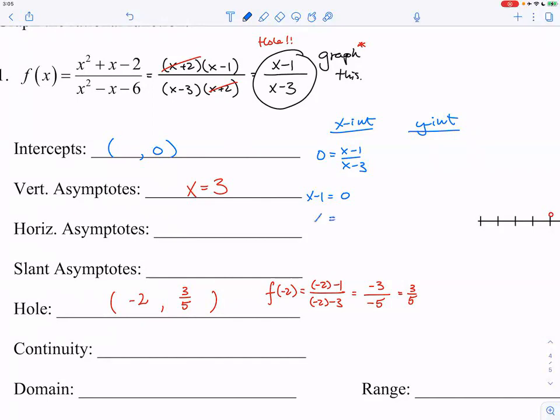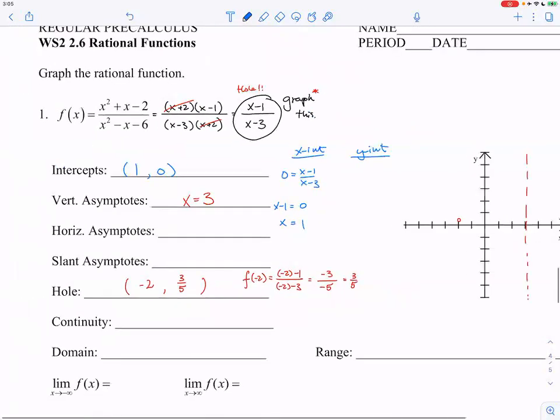So I have x minus 1 equal to 0, so x is equal to 1. So 1 comma 0, right here. And then what about the y-intercept? The y-intercept is when x equals 0.